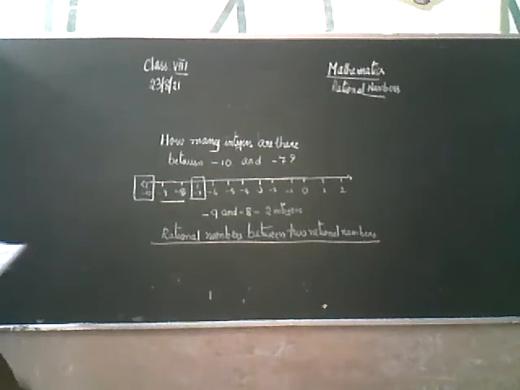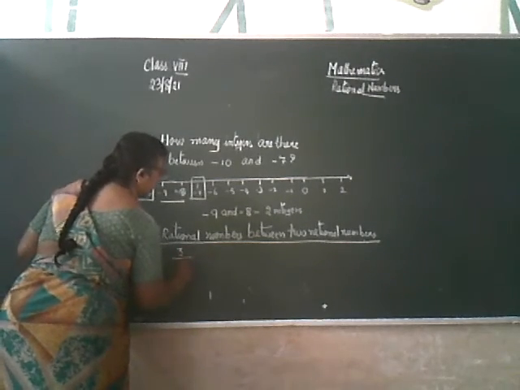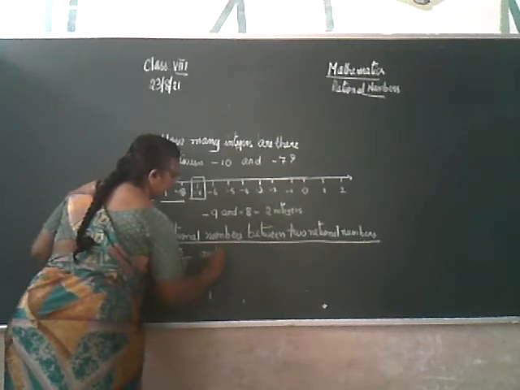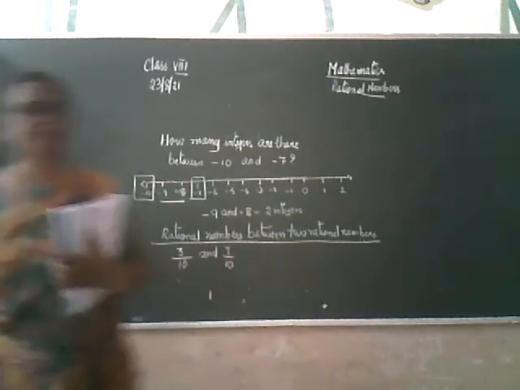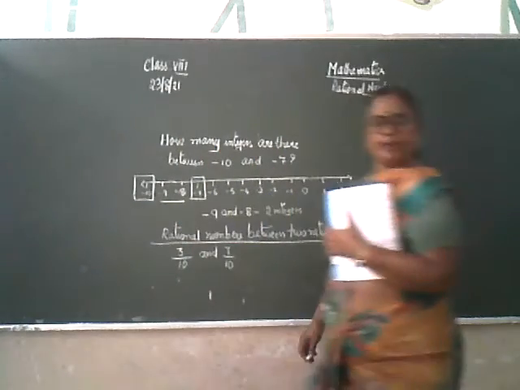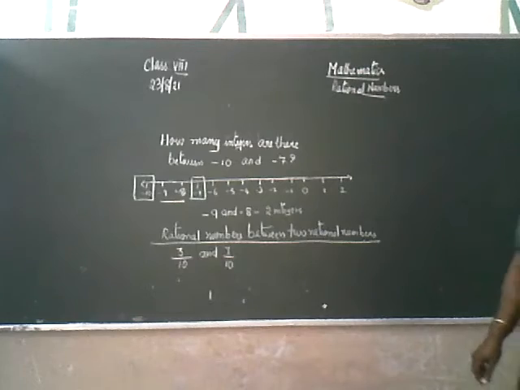If I ask you, how many rational numbers are there between 3 by 10 and 7 by 10?